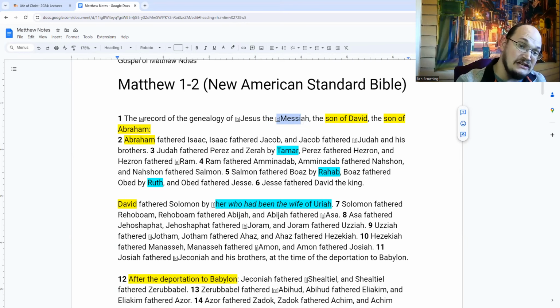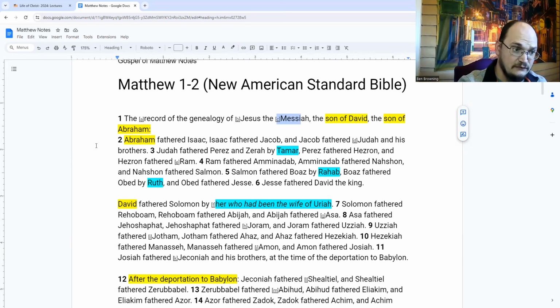Now, I actually think that Matthew, in a way, is opening the door in a much more subtle way for Jesus being the Messiah to the nations, but not quite the same way that Luke is, because Luke is writing, most likely, to a Gentile audience, but Matthew is writing to a Jewish audience primarily.